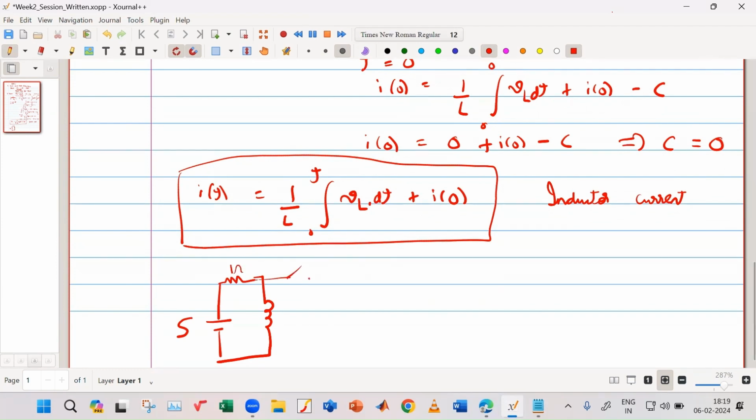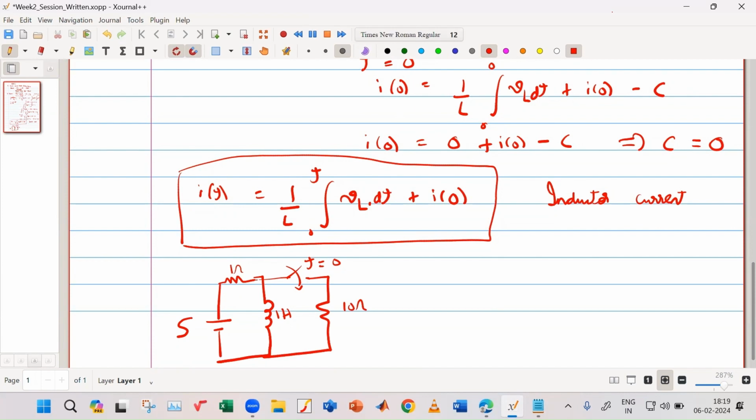Then you have a switch, and you have a resistor of 10 ohm. Assume this is 1 Henry, and this switch is closed at t equal to 0.